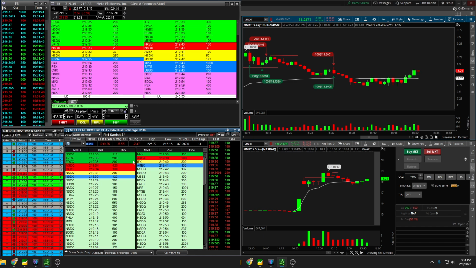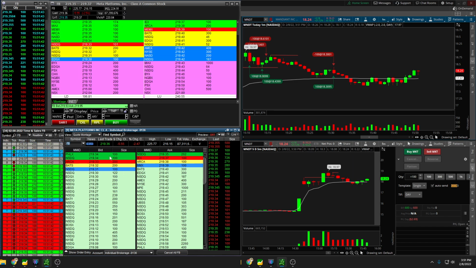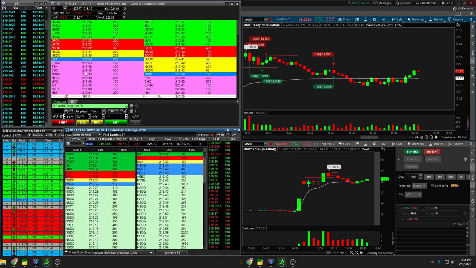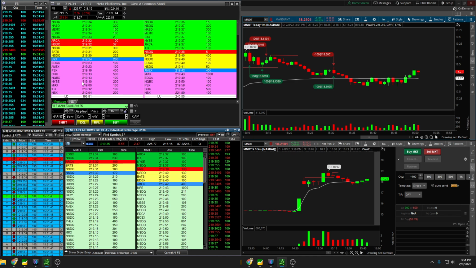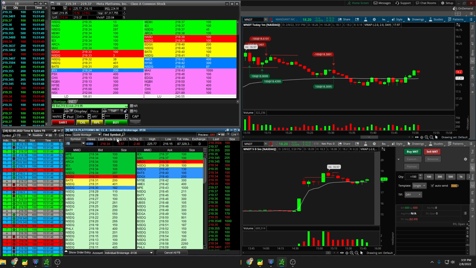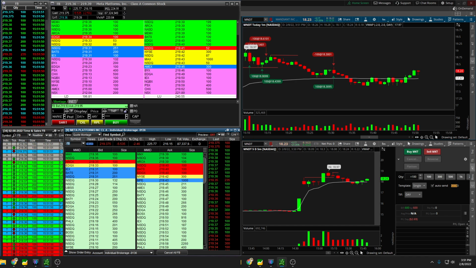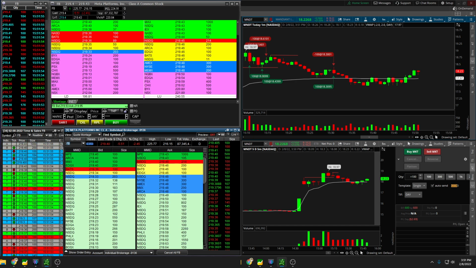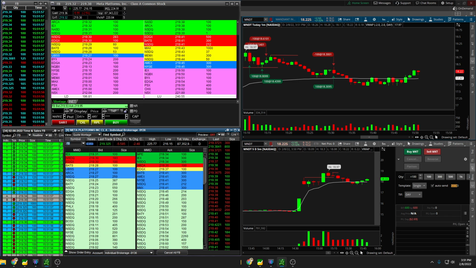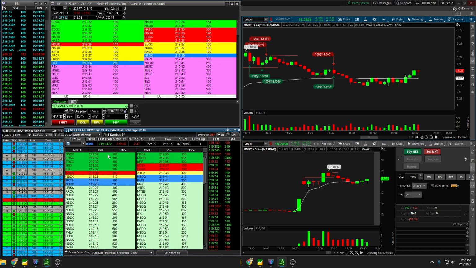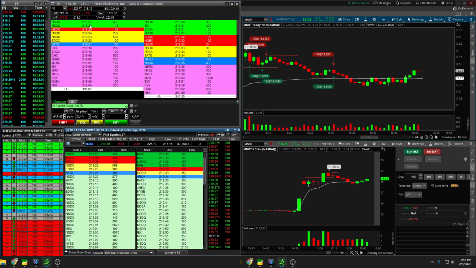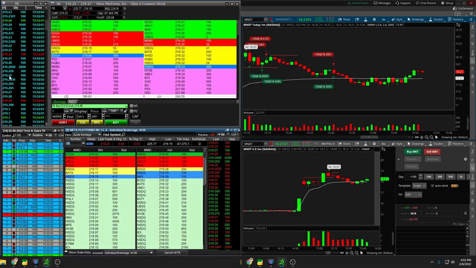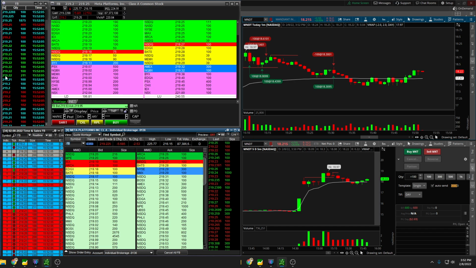Let's see how the bids on E-Trade at times, and the ask price too, but the bids sometimes I'm noticing not updating as fast as they should be. And then sometimes the E-Trade bids are showing something higher than the DAS platform, which is very interesting.